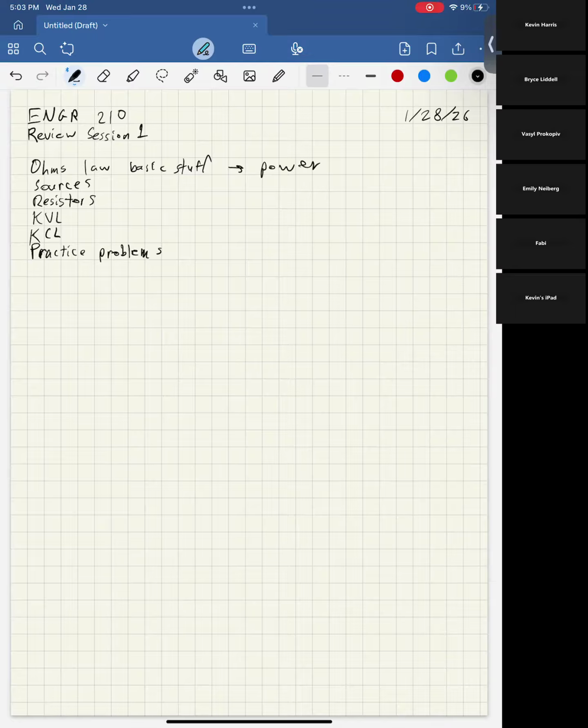Okay. So to start, very basics of circuits, we're going to start with a resistor, and this resistor has some current flowing through it, I. The resistor has a resistance R, and this will make some voltage across it, V. We represent this with a very straightforward equation, V equals IR.